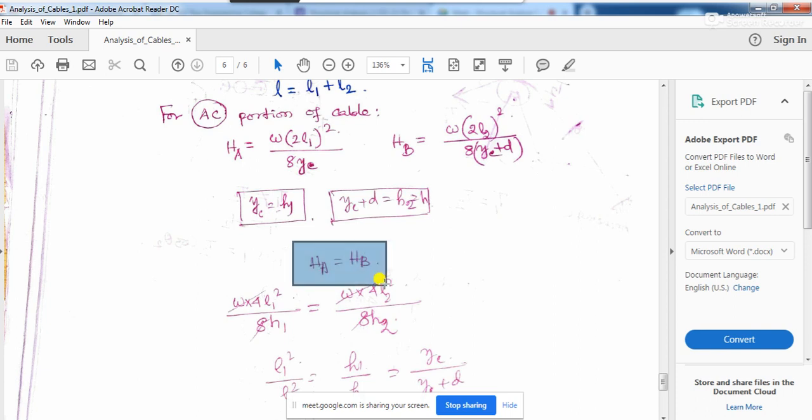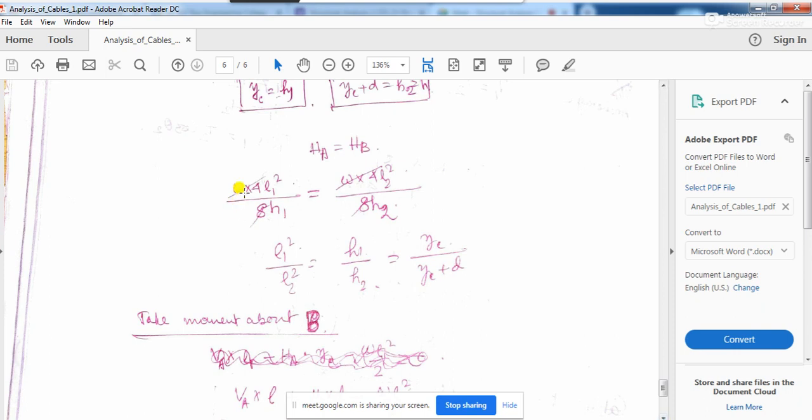We know that HA must be equal to HB. I have explained why it will be. Then, when HA is equal to HB, I can write W into 2L1 squared by 8yc equal to W into 2L2 squared divided by 8 into yc plus D.